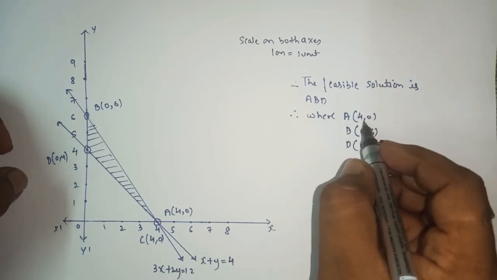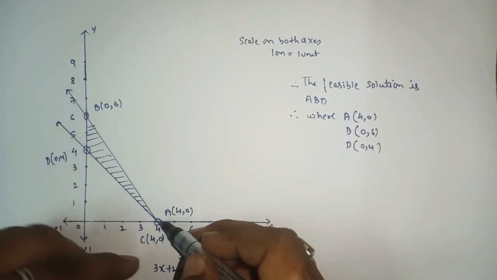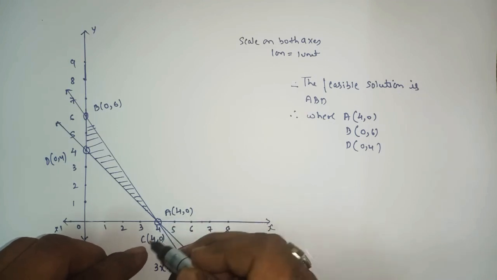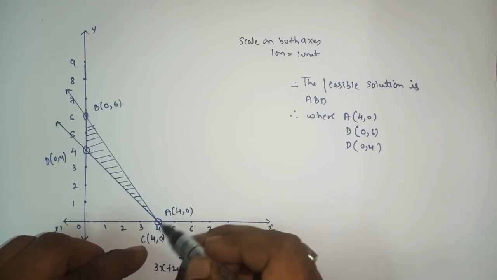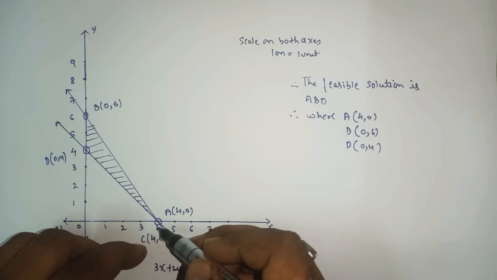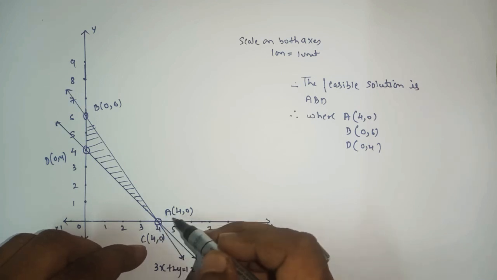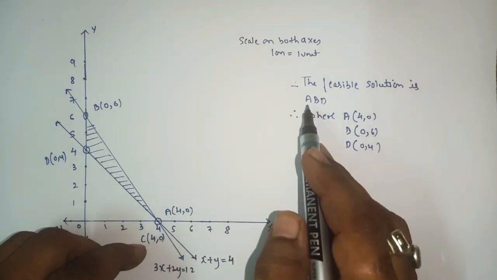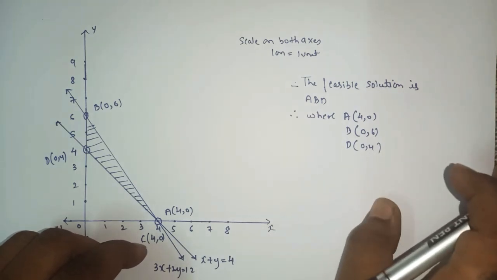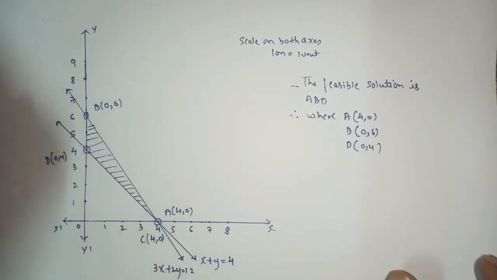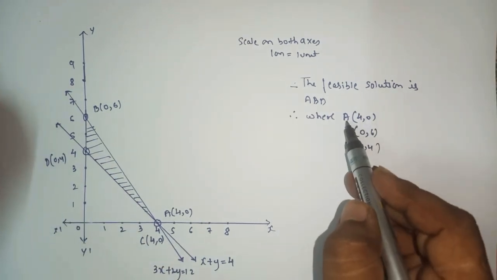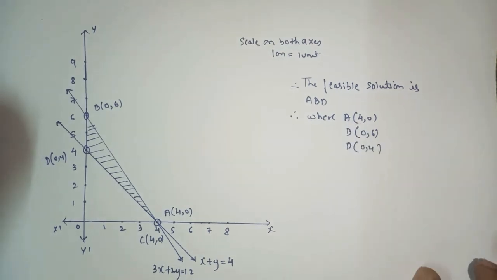If you want, in place of A you can write C also, because A and C are sharing the same coordinate, 4 comma 0 and 4 comma 0. So in place of A you can write CBD also, it's okay, no problem, still you will get full marks. Here also in place of A you can write C 4 comma 0.